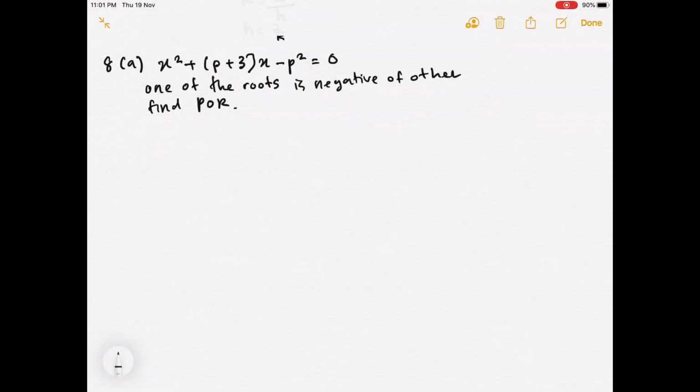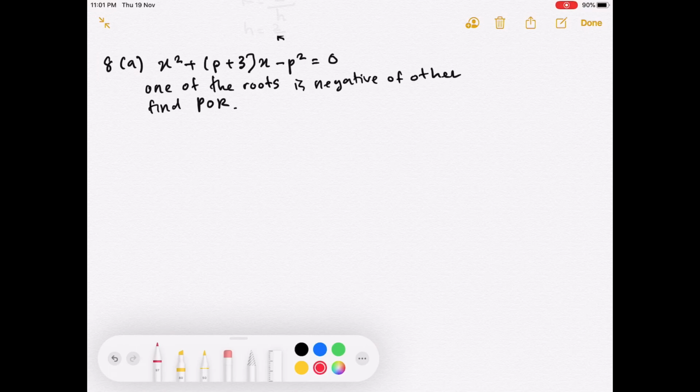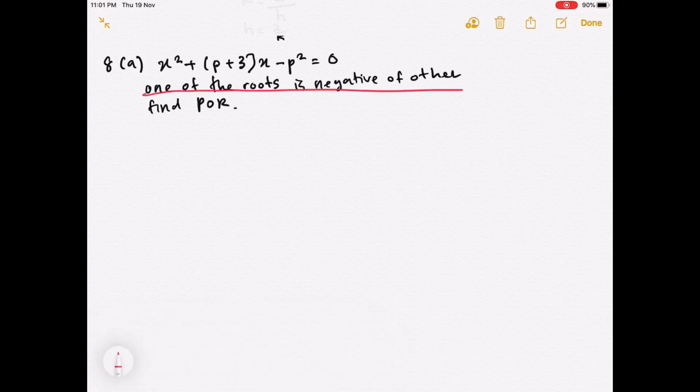Nombor 8. So question number 8. A is given that one of the roots of the quadratic equation is negative of the other. Find product of roots. Nak cari POR. So apa maksud dia? One of the roots is negative to other.